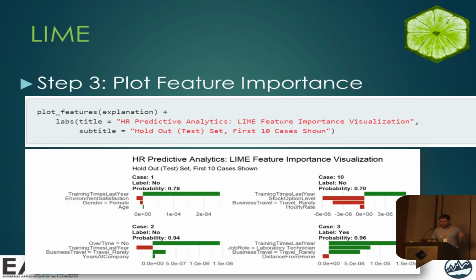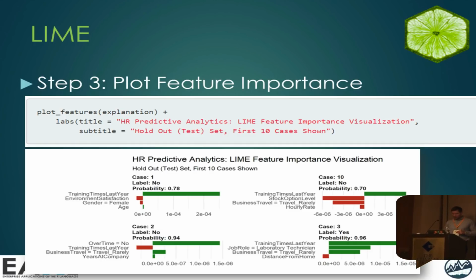Okay, so this creates an explanation that you can then send to this next function called plot features and output this handy feature importance visualization. So this is how this thing works. We set it up for the top 4 features, and for each case that you pass it, it'll give you these bars that basically suggest how important that feature is to the model.